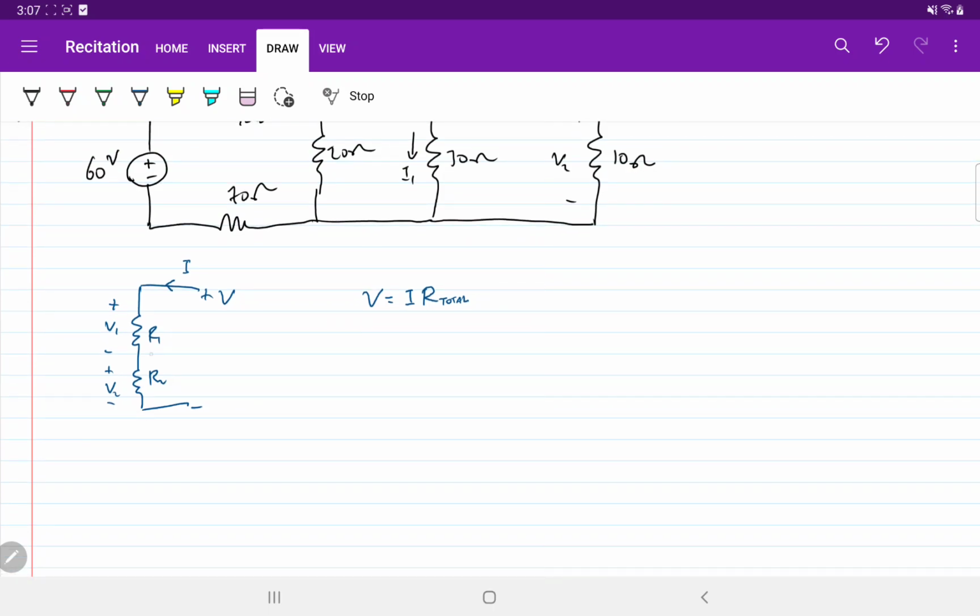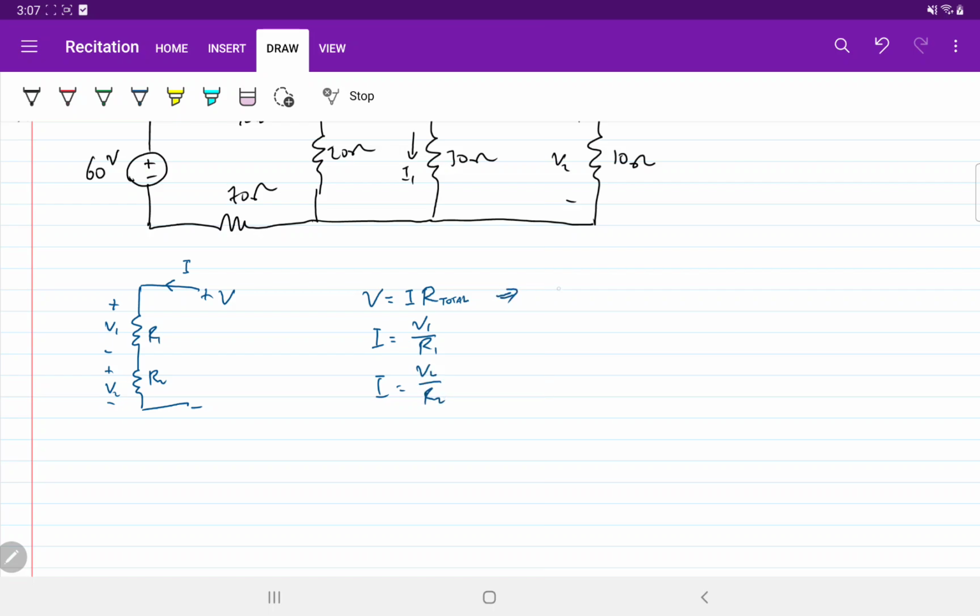We know the current at R1 is the same as I because we only have one branch, so they should have the same current, right? So I is also V1 over R1. I is also V2 over R2.